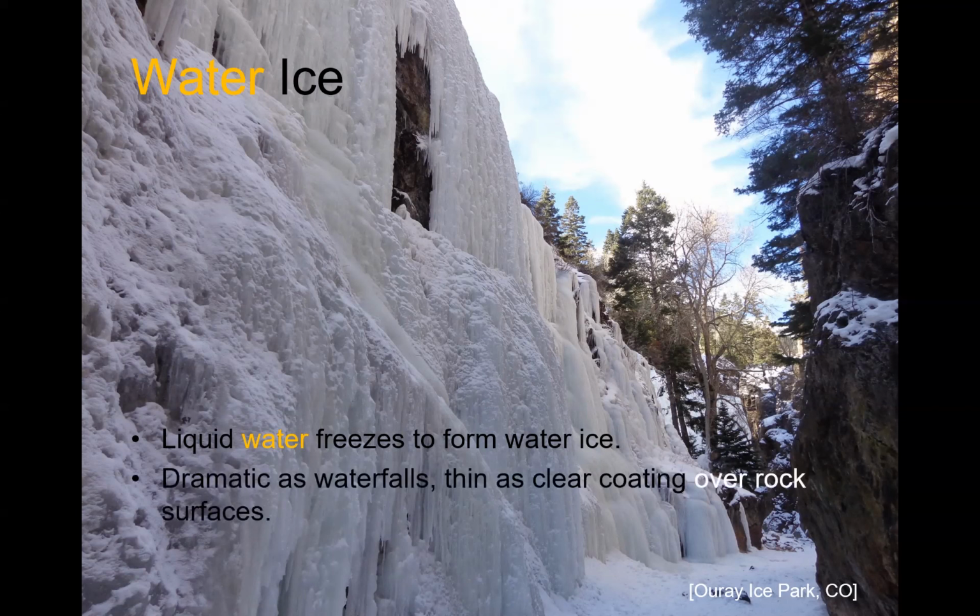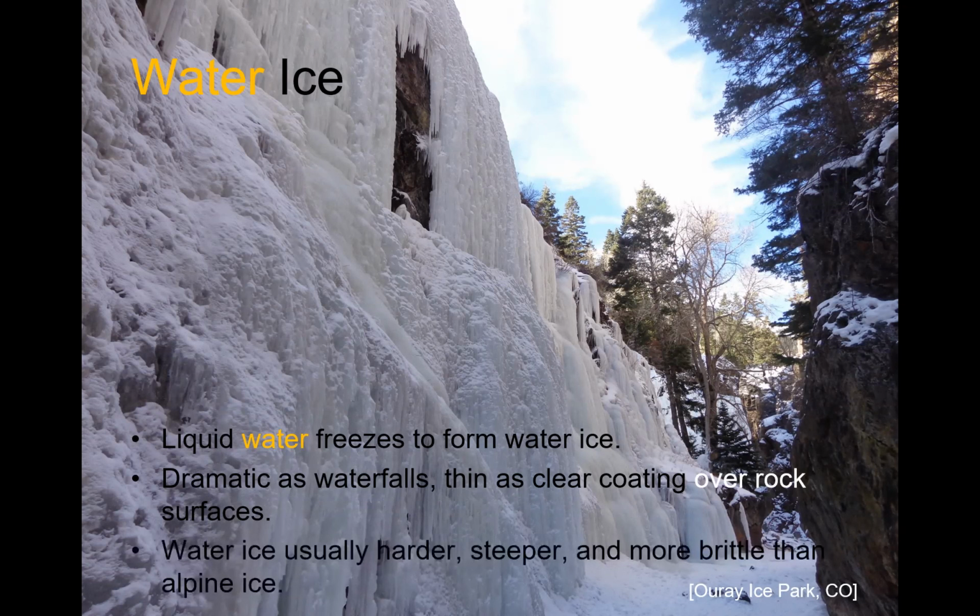As I mentioned, if it looks like a waterfall, that's a very gross way of thinking about it, water that just freezes up versus ice that develops over time. The thing about water ice is it's usually harder, steeper, and a little bit more brittle than alpine ice, though they do share some of the same common traits.